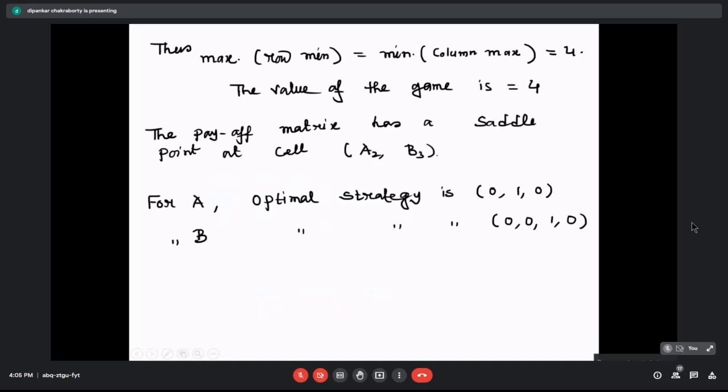Because B3 is there. So remember always one thing: if any game has a saddle point, that means both players play their pure strategies as the optimal strategy. Okay. So this is how to get the optimal pure strategy. I have shown you. Is it fine? Is it okay?